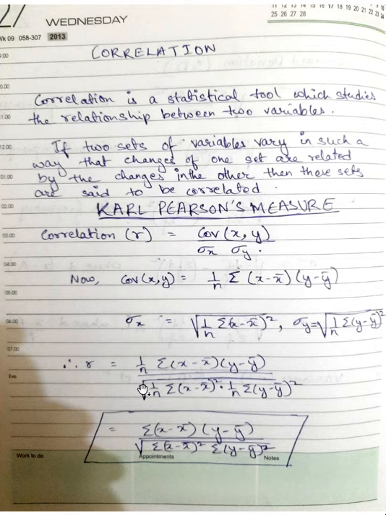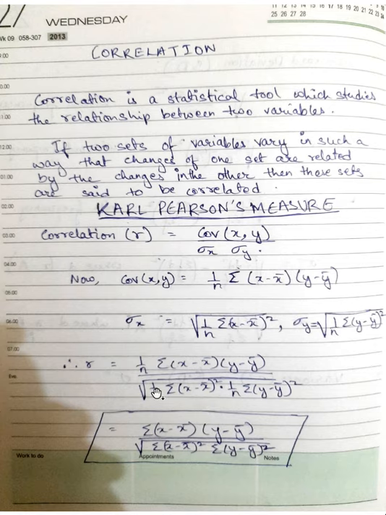We take an aggregate under root. Since they are multiplied, they can be written under a common under root. So sigma x is under root 1 by n summation x minus x bar whole square, and standard deviation of y is 1 by n summation y minus y bar whole square. So since these two are multiplied, we can use one common under root sign here.